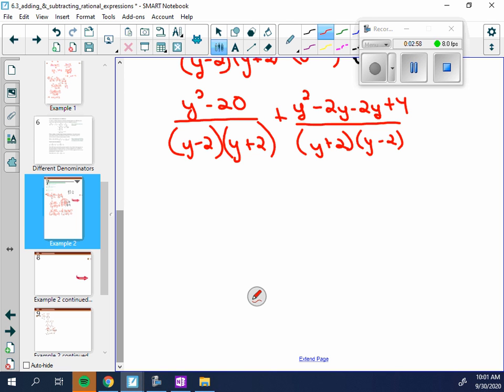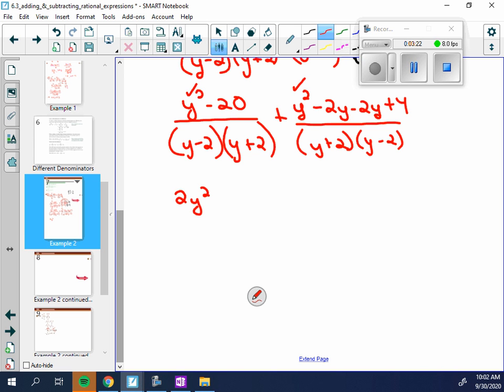And remember, the order that you add things in doesn't matter. 4 plus 5 plus 3 is the same as 3 plus 5 plus 4. Okay, order doesn't matter. So I have a y squared here plus a y squared there, so I have 2y squared. I want them in a nice order because I know I have to refactor it. Let's look at the y's. How many y's do I have in this first numerator? I have none.